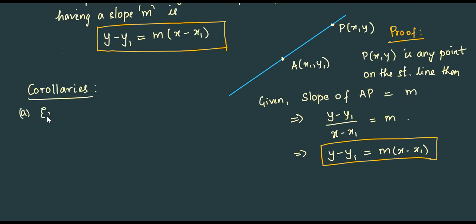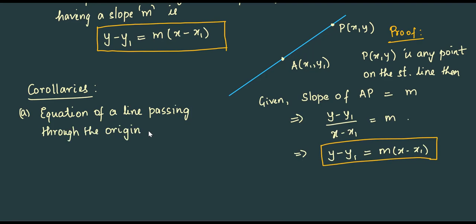Now, equation of a line passing through the origin and having a slope m is y is equal to mx.